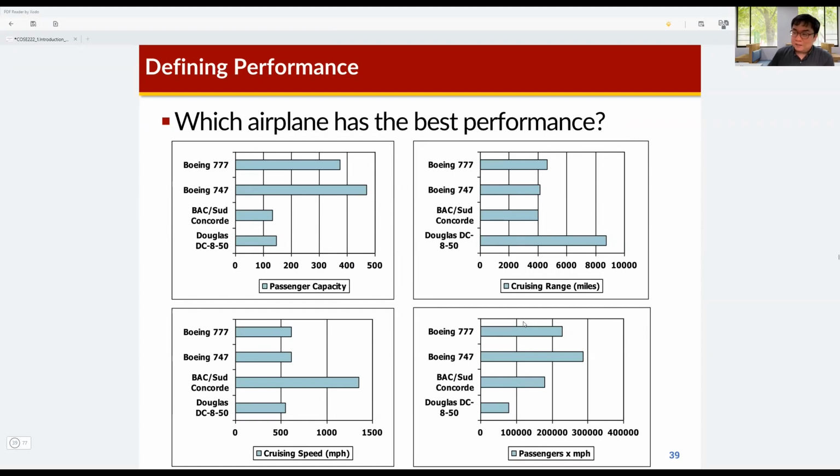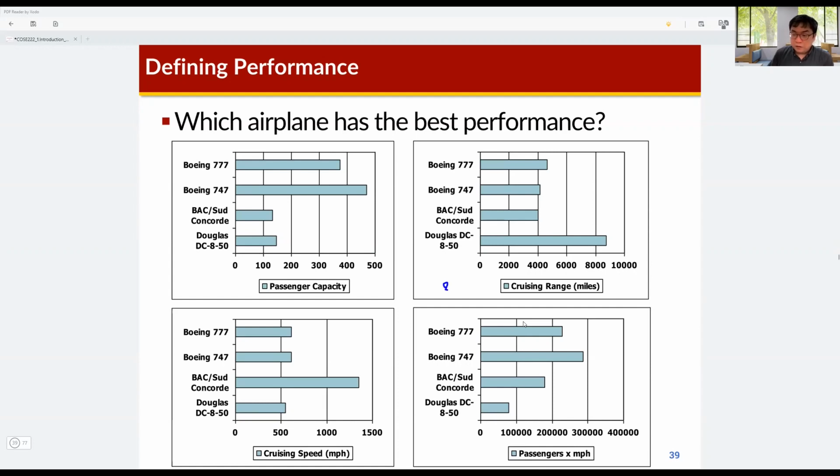This is the analogy of the airplane, and each graph shows the performance of some specific feature of airplanes. This graph represents the passenger capacity of four different airplanes, like Boeing 777, 747, something like that. How about this graph?